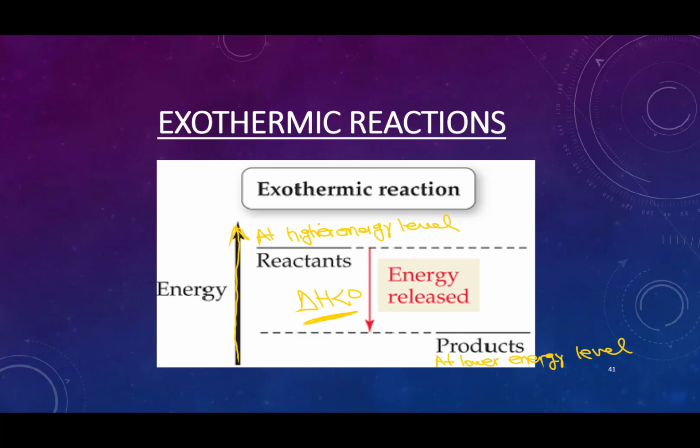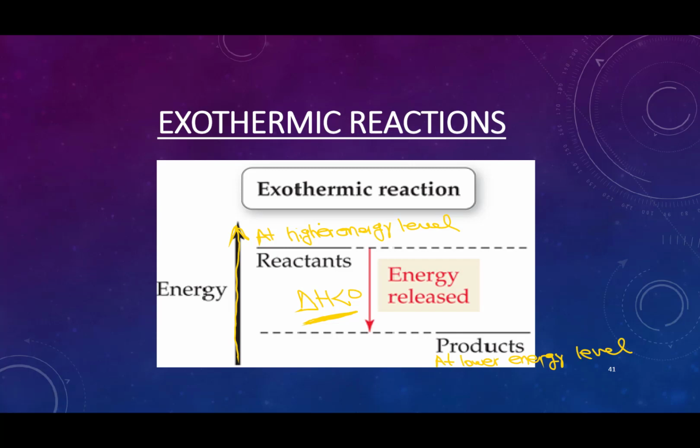Then these are the differences between endothermic and exothermic reactions. One more time, in endothermic reactions, a system absorbs energy, whereas for exothermic reactions, the system releases energy. In an endothermic reaction, the change in energy, delta H, is positive, whereas for an exothermic reaction, it's negative.